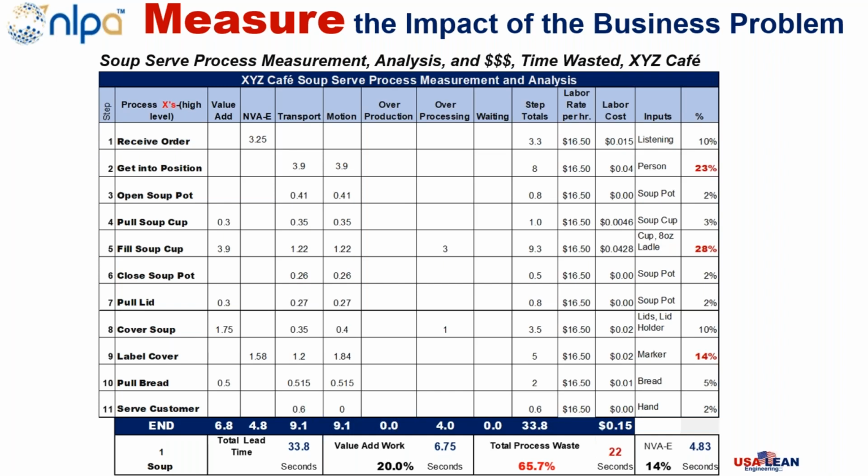And in this process here, because the servers could not meet the customer time requirements, a lot of the product at the end of the day was not sold on a very regular basis, or the product was sitting and the quality became compromised.